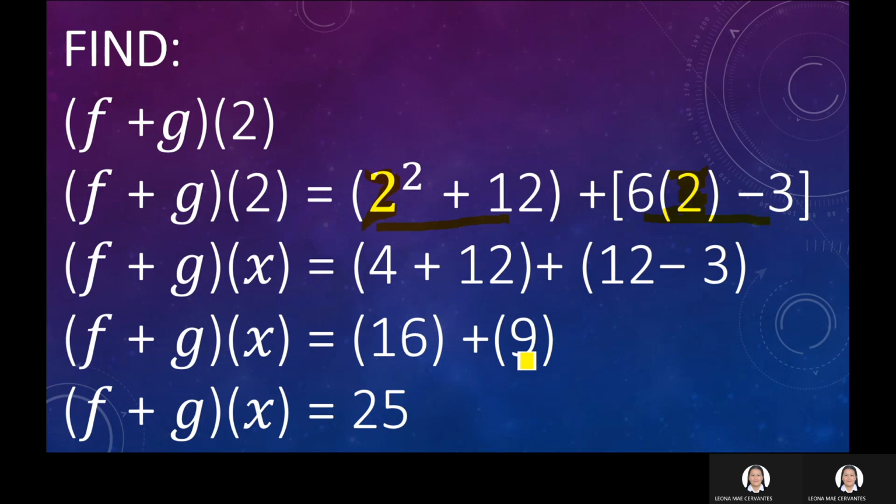Then now, 16 plus 9 is equal to 25. So if x is equal to 2, then f plus g of x is equal to 25. Okay?